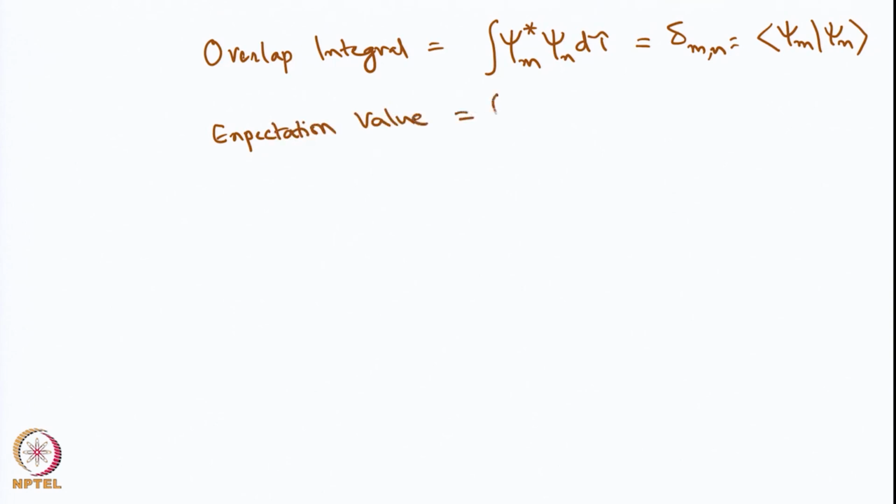This is nothing but integral psi m star operator A psi n d tau. Expectation value is always with respect to an operator. Psi m A psi n.